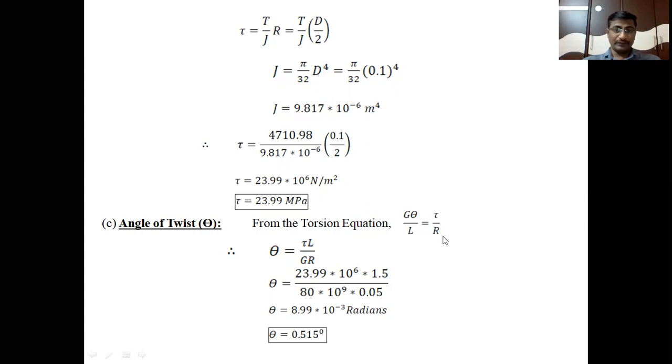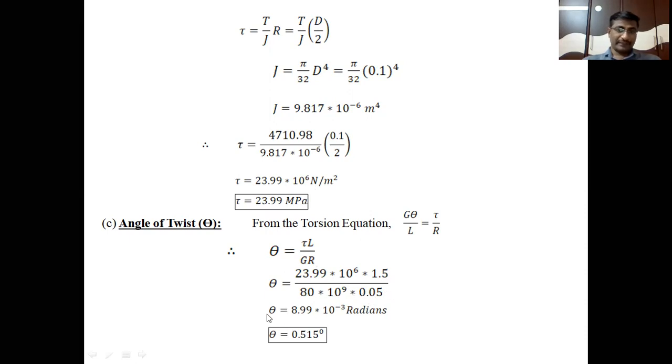G theta by L equals tau by R, and this theta we can write as tau L by G R. So theta is equal to tau, the shear stress, 23.99 into 10 to the power of 6, which we just calculated in the earlier bit, into length 1.5 meters given in the problem, divided by G, which is 80 GPa, 80 into 10 to the power of 9 newtons per meter square, into R, which is 0.05. R means d by 2, 0.1 by 2 is 0.05.